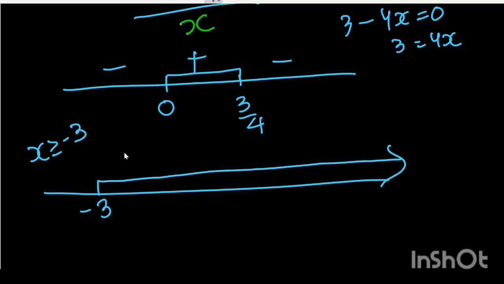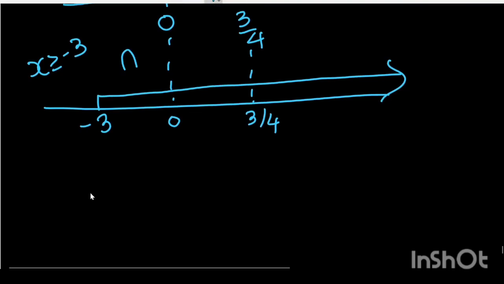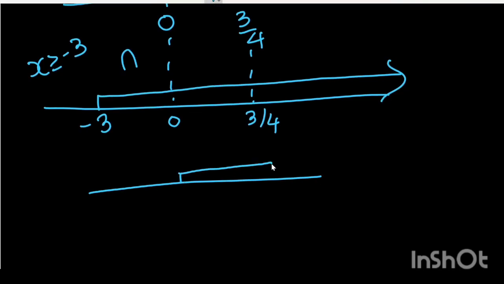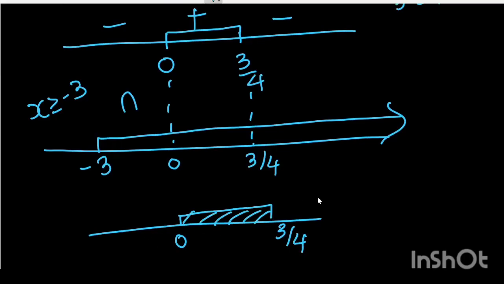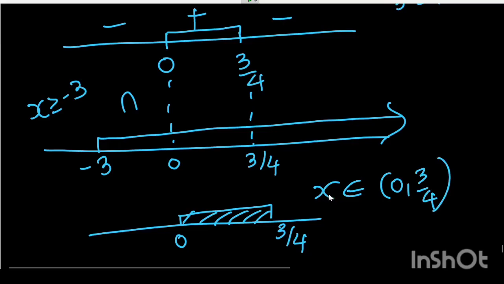So when we take intersection with this, we will get intersection which would be 0 to 3 by 4 only, guys. x belongs to 0 to 3 by 4, which is our final answer, guys. Why? Because this is what we got from second.